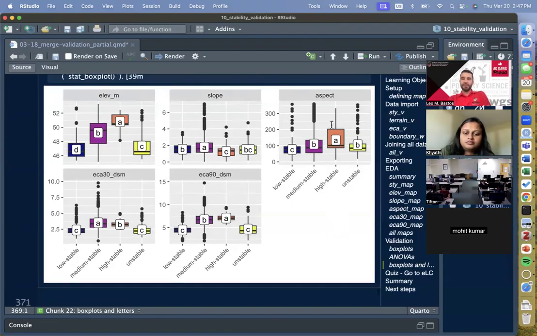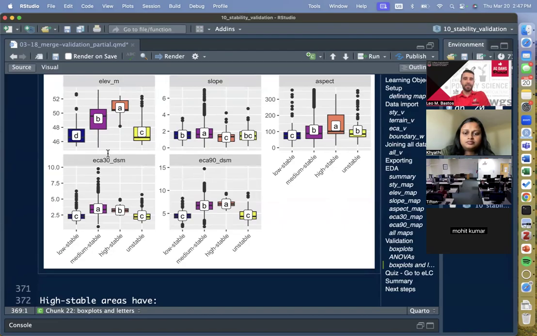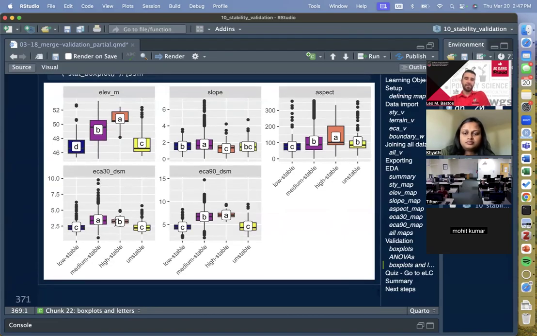The aspect perhaps is a little bit more difficult for us to really explain, because aspect is just the direction of that slope. But then if we come to EC, we see that at a shallow EC, the high stable is intermediary, but towards the higher levels, and it's high on the deep EC.